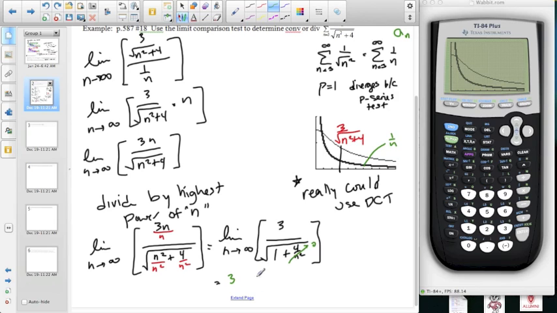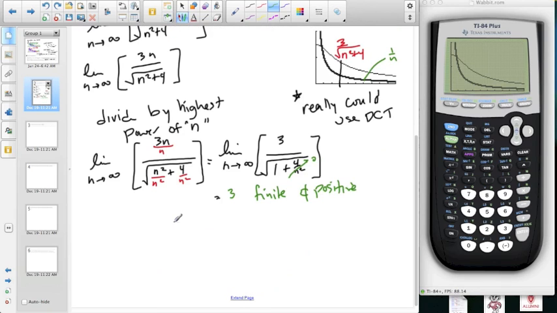And so I have a finite and positive result. And so these must behave in the same way. So therefore, the series of 3 over the square root of n squared plus 4 also diverges by limit comparison test.